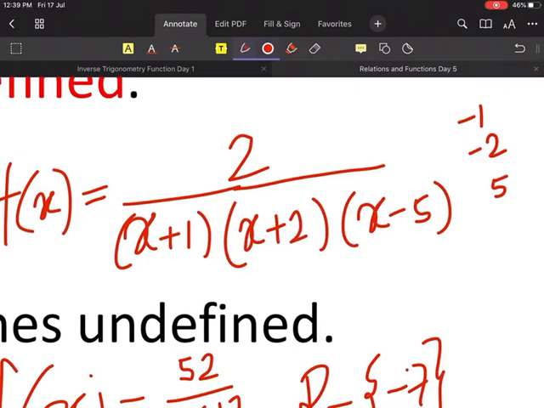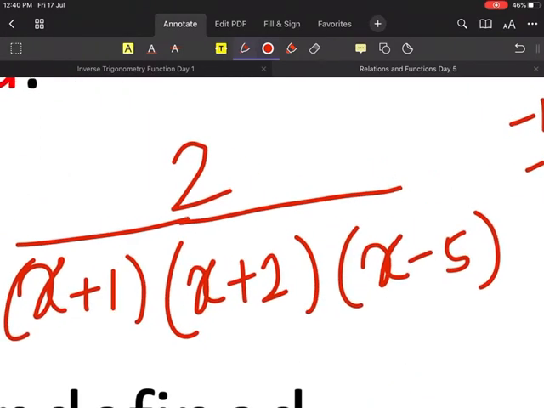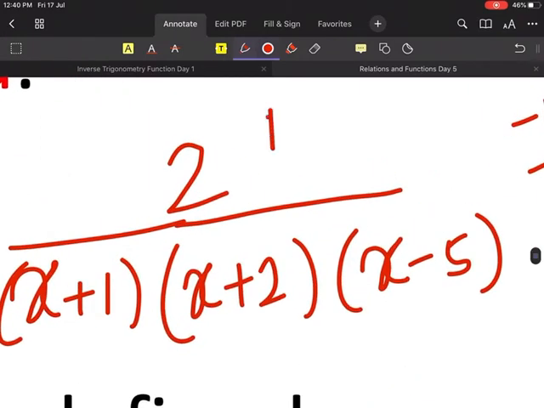So now please tell me the domain of this one. I have to reject these 3 terms, right? Yes or no? Because they are making the function undefined. So what is the domain? The domain will be R minus these elements.